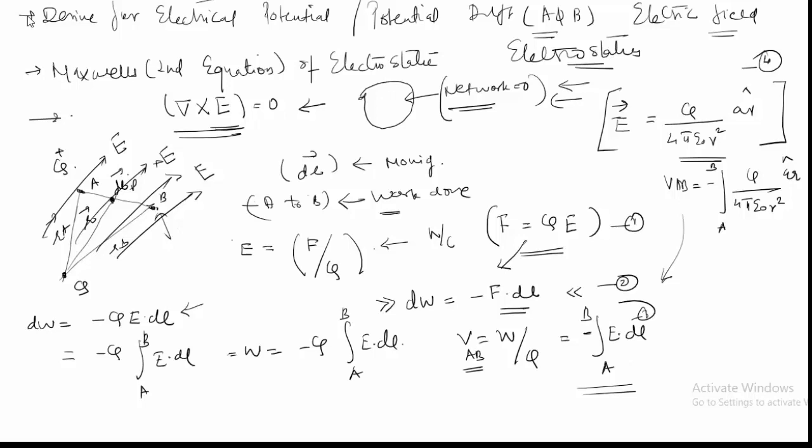To integrate it, you will have to add aR dr. When you integrate it, it will be something like Q upon 4 pi epsilon naught into 1 upon RB minus 1 upon RA.